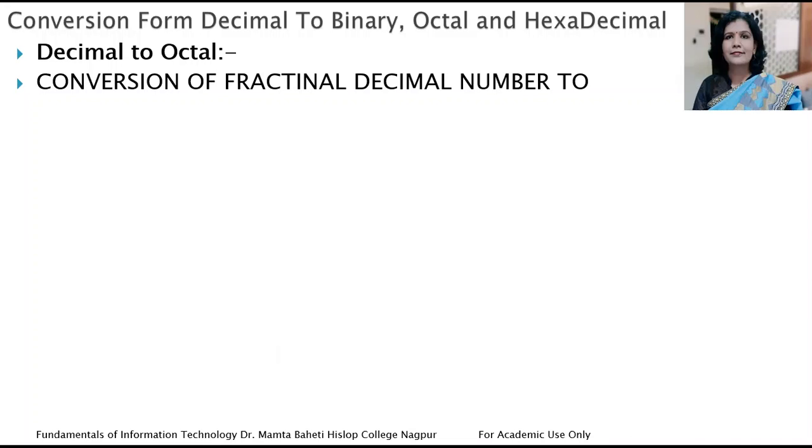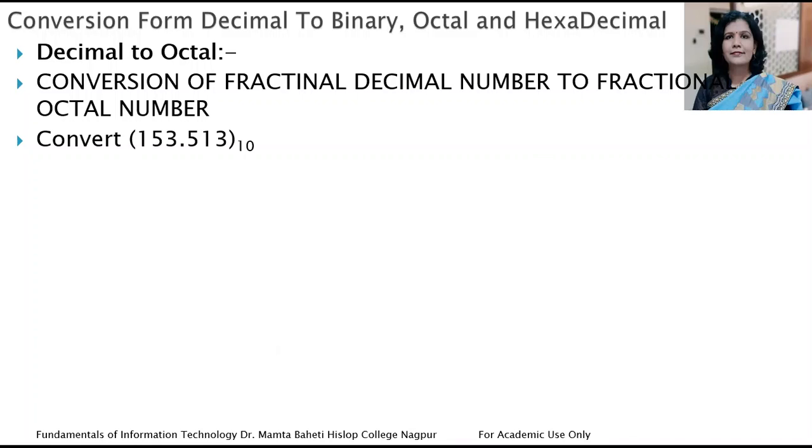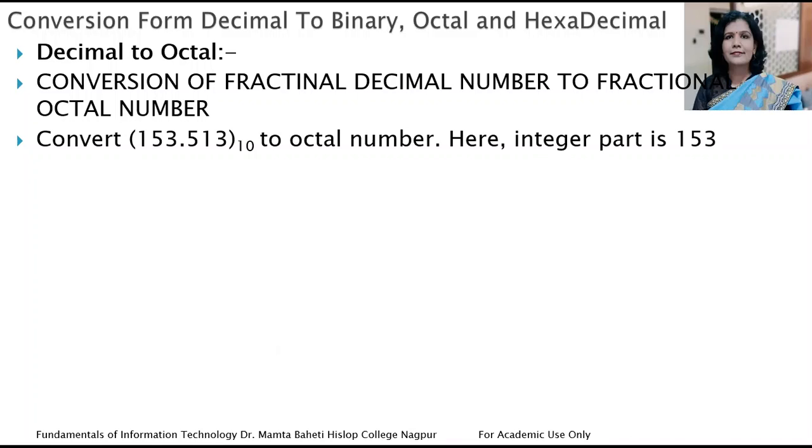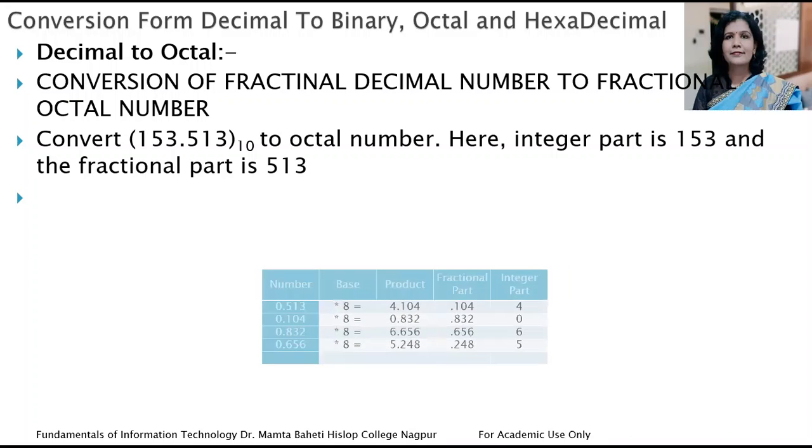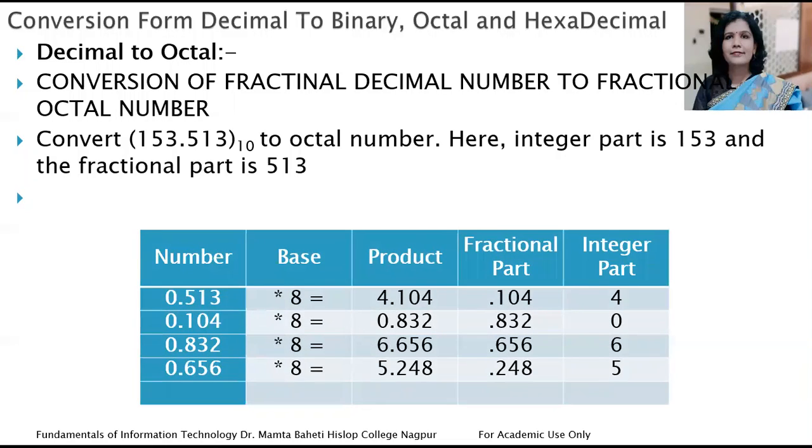So how the fractional part of decimal is converted into its fractional equivalent octal number. So we'll see it over here. Now in our previous decimal fraction to binary fraction, we have multiplied with base 2. Here we'll multiply with base 8 and again separate the fractional and integer part, and we'll continue it till either 4 digits or the number of digits specified.